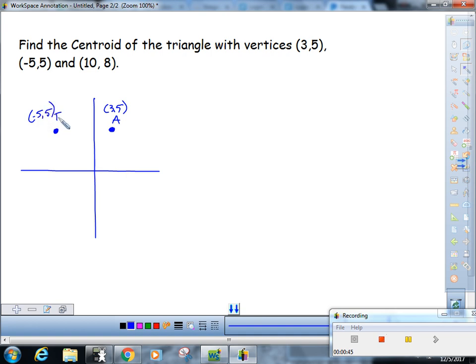And I'll call that B. And then 10-ish, 8. And I'll call that C. And this is going to be annoying. But that's okay, because the problem is kind of annoying. Nice straight edge.